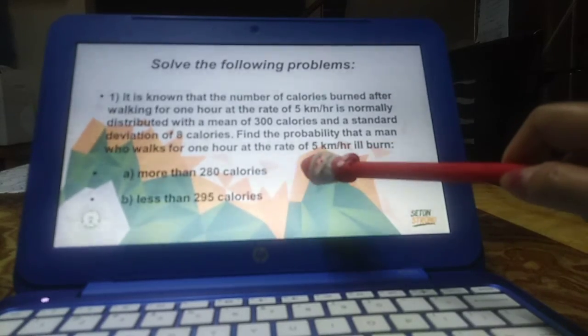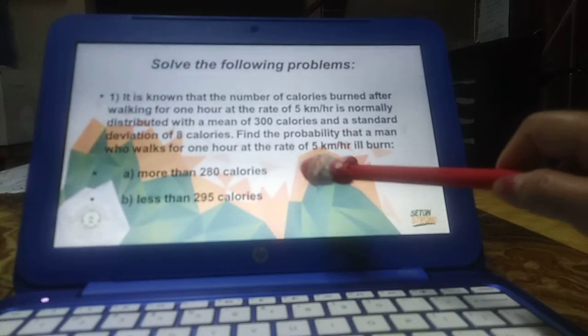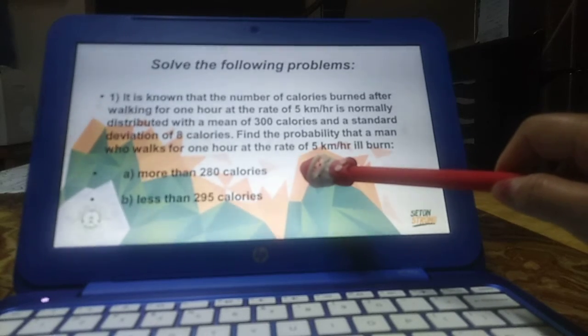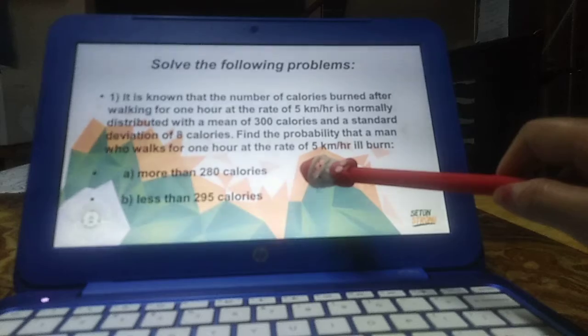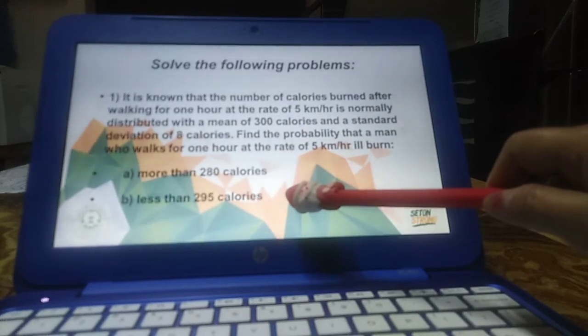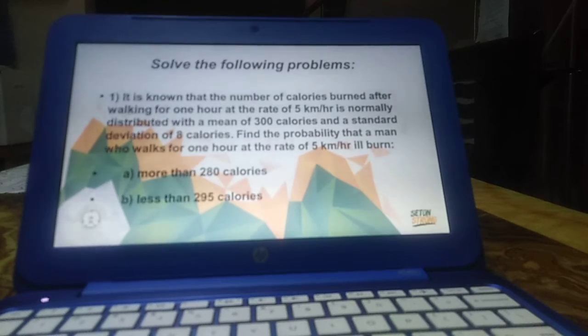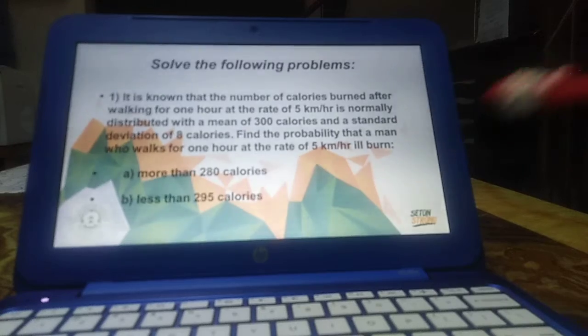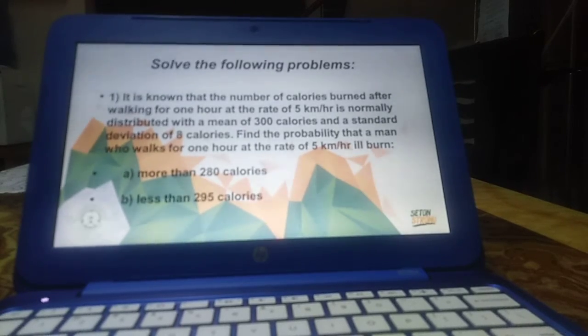Okay, again, if more, we subtract. The area we will get after getting the z-score will be subtracted from 1. If less, whatever is the area can be just turned into probability. So let us repeat the procedure again. First thing we need to do is, for letter A and letter B individually, separately, we solve for the z-score. After solving for the z-score, we get the area from the z-table.